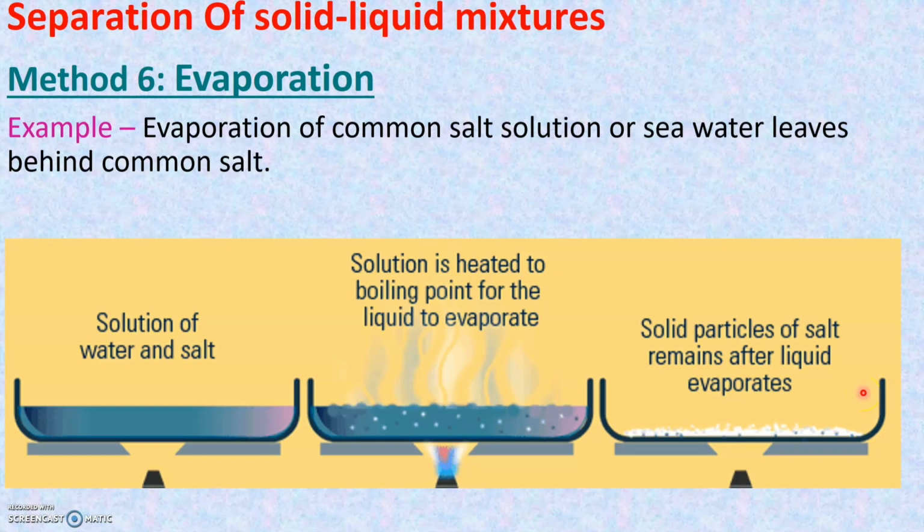So at the end of this process, solid particles of salt will remain in this evaporating dish, while the liquid gets converted into vapor and it will escape into the atmosphere. Thus, we can separate these solid particles of salt from liquid.